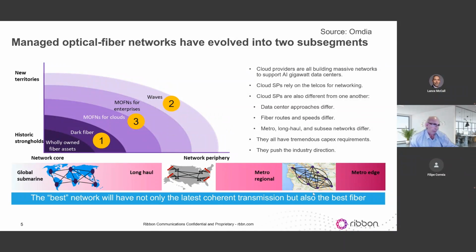The next step up, as you get even further afield from your core, you may be getting closer to the edge, right? The growth in AI is going to tend to be at the edge of the network, closer to the customer so they get the best performance for AI. Those locations are probably going to be the furthest away from your core territory. And that's where we're going to talk about scenario two, which is a managed wave service, where you typically go to a service provider and they're more likely to have fiber in the location you're building out.